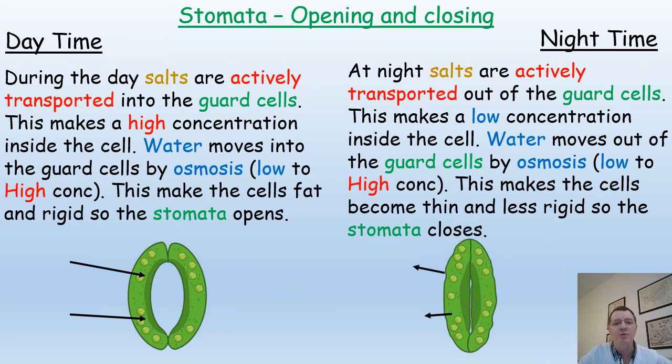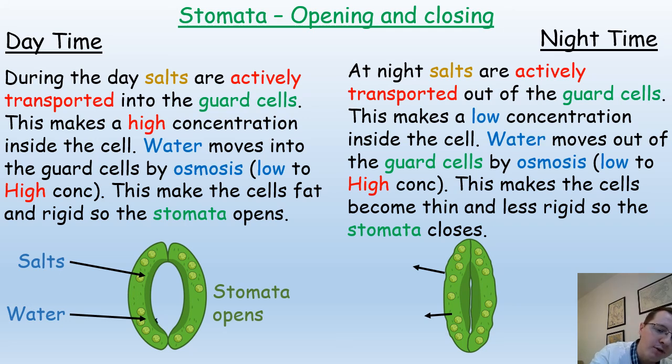So how is it that the stomata can open and close during the day and the night? Well, during the day, salts are actively transported into the guard cells, and this makes a very high concentration in the cell. So water moves into the guard cell by osmosis, from a low concentration to a high concentration. And this makes the cells very fat and rigid, and therefore the stomata opens.